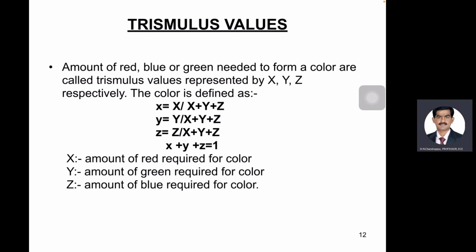And the CIE chromaticity diagram shows colors at different wavelengths, from ultraviolet to infrared. These are the pure colors. In the last class, I explained that when white light is passed through a prism, the VIBGYOR colors are obtained.